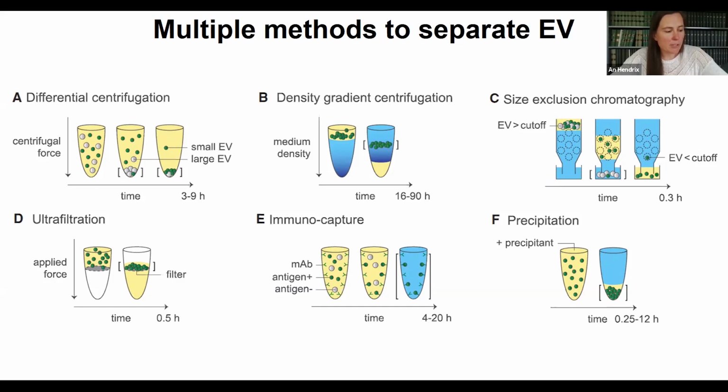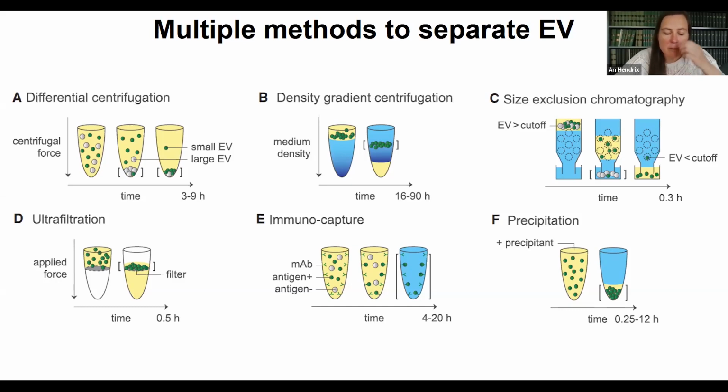Now, of course, one of the first key questions is whether it matters which method you implement to separate extracellular vesicles from your biofluid of interest. And given the multitude of methods and protocols that are available, this is probably one of the first questions that many researchers entering the field encounter. This was also the case for my research group.